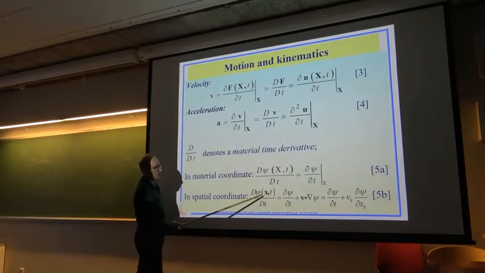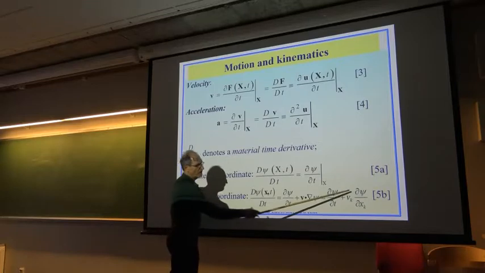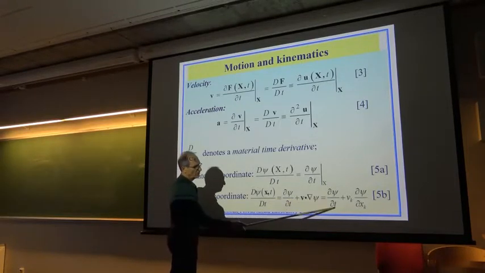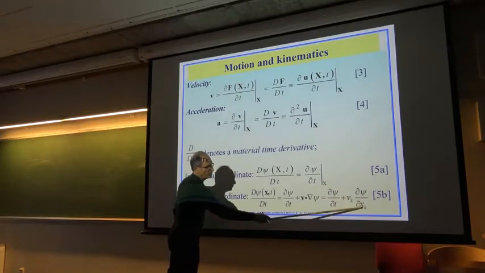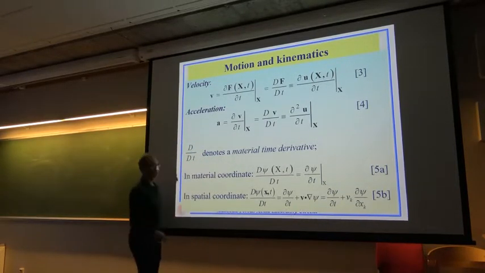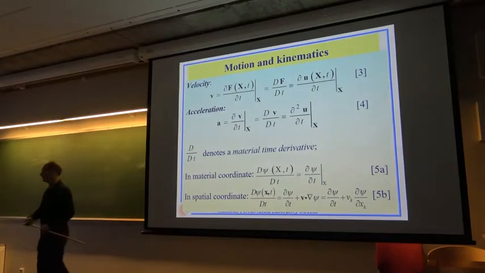You can also write this in terms of spatial derivative, in which case we have to use this identity. This is based on the chain rule of differentiation, where this is partial time derivative and this is partial spatial derivative. And this is the velocity, which has to multiply that. I'm sure you're familiar with that formula.